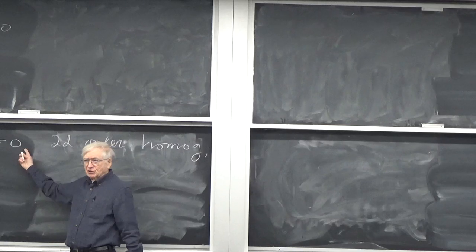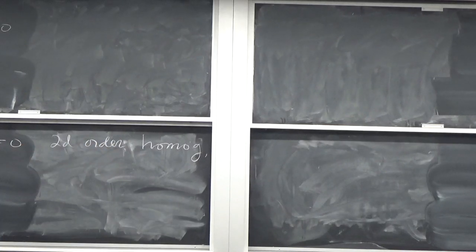So there's no term on the right-hand side that's a source term independent of y. And it's second order, and of course it's linear.